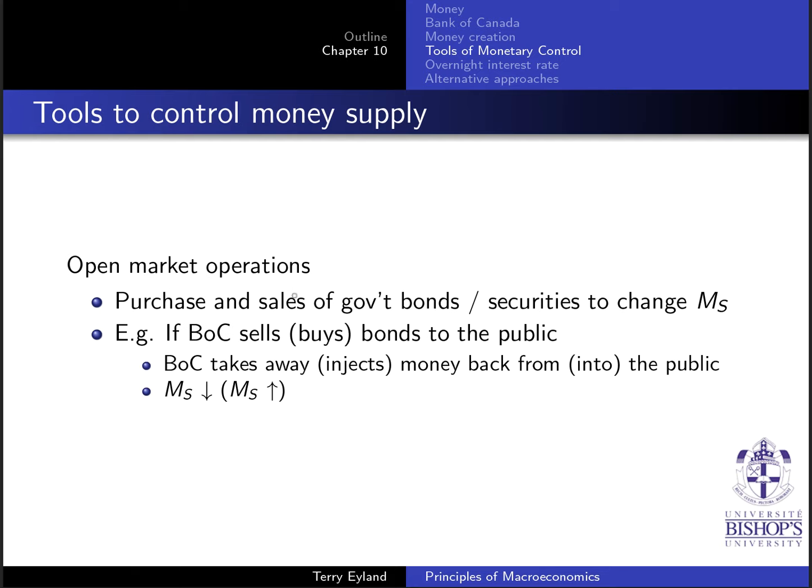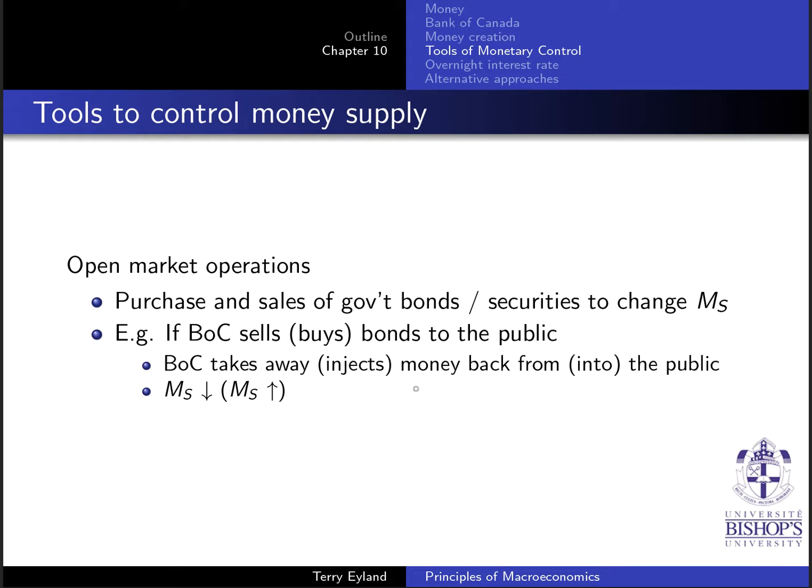So open market operations is essentially the purchase and sale of government bonds and securities to change the money supply. So think about it: when the Bank of Canada sells bonds to the public, they get money in exchange, and for the time that they have that money and the bond is not mature yet, that money sits within the Bank of Canada's vault, and that money is no longer available for loans and other things.